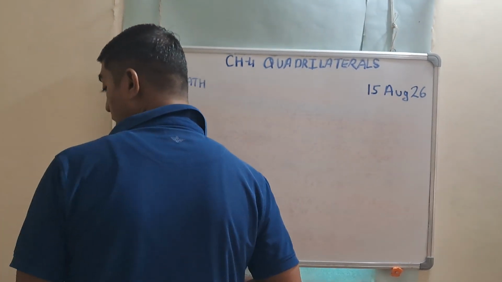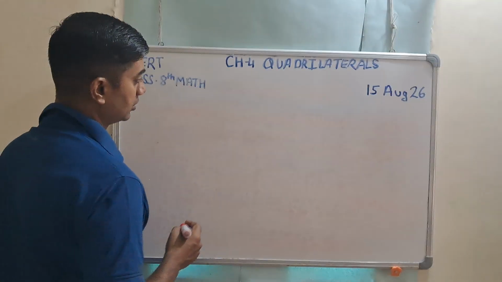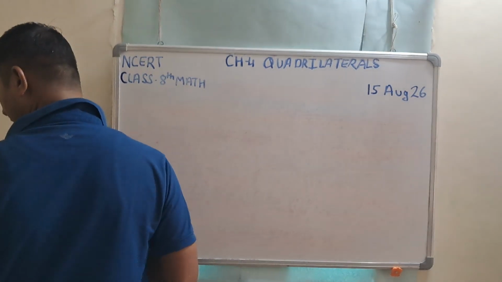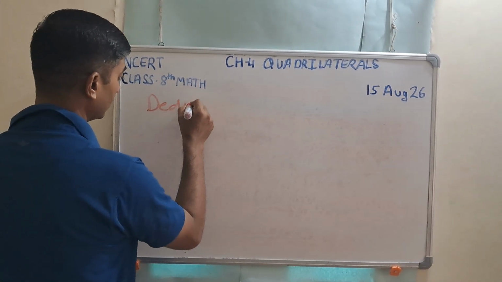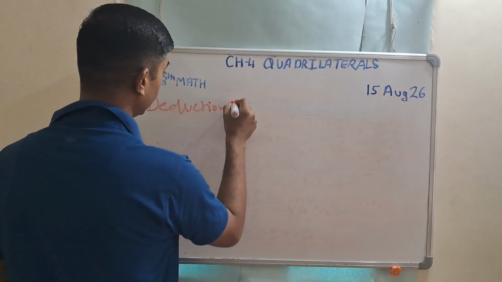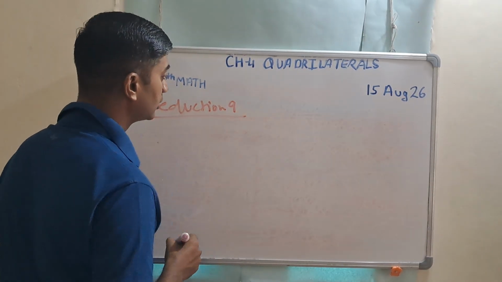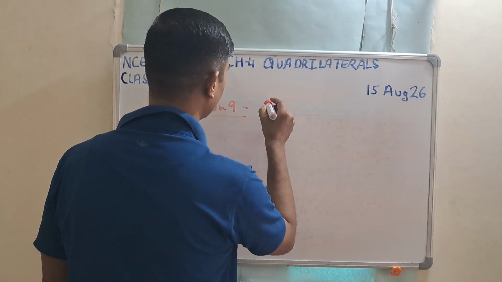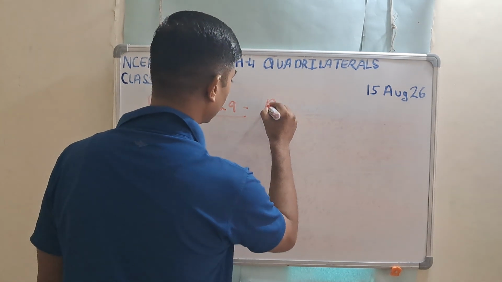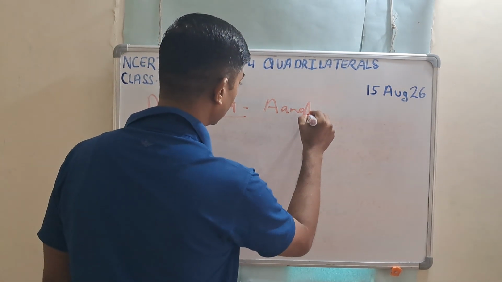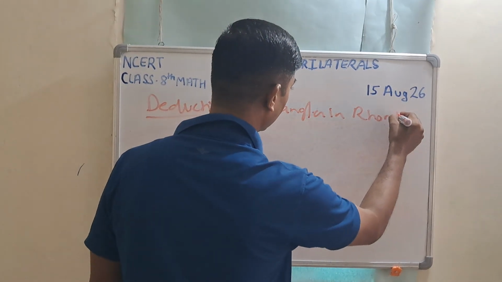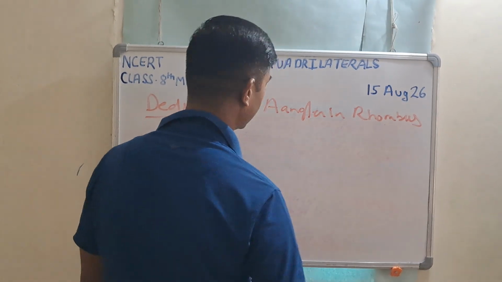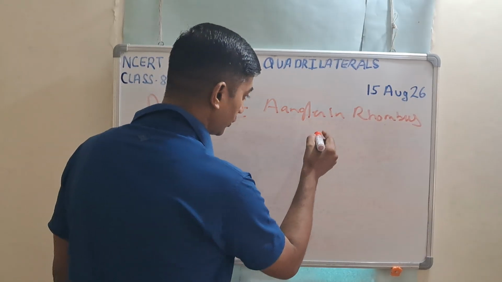This is about the angles in a rhombus. Understood? Our deduction number 9 is angles in rhombus. Okay.